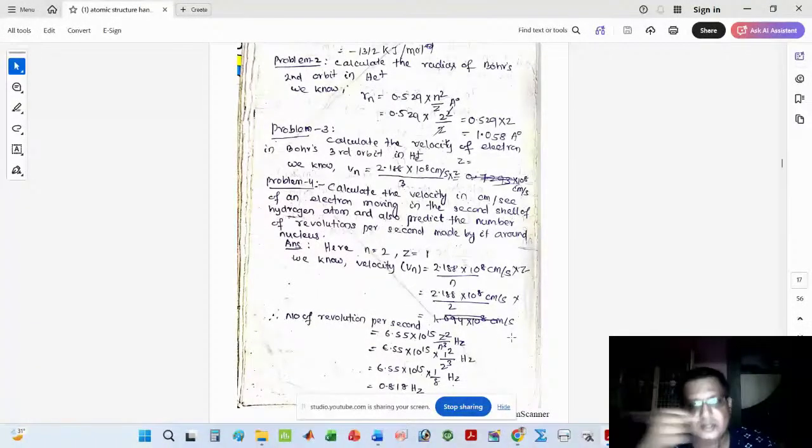In the options here, actually the wrong answer is given. Actually, here also something is wrong. What will be the answer? I want to verify.